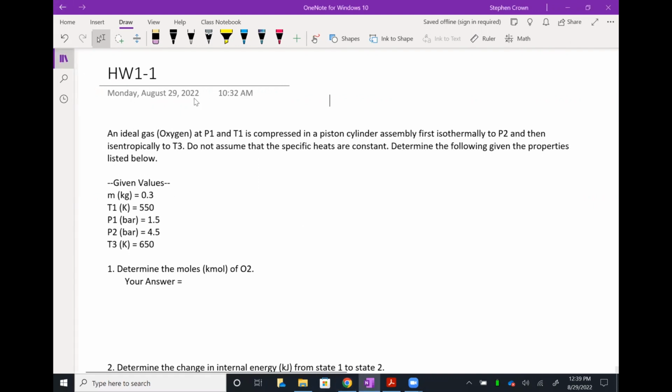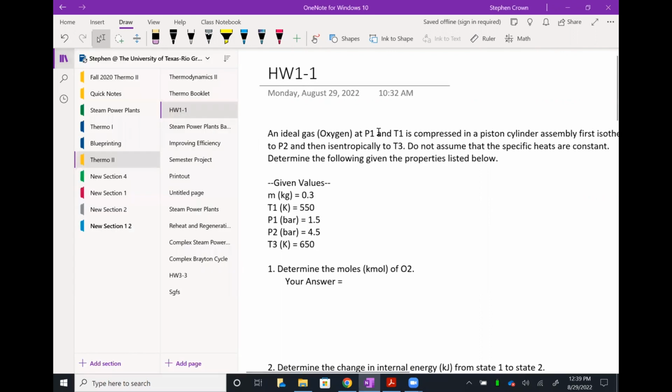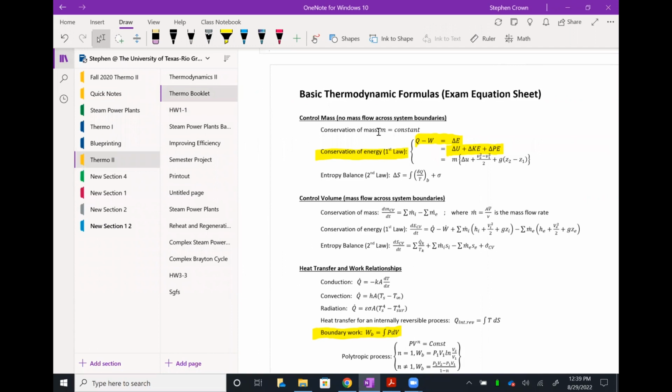You probably want to print this out and make sure you're familiar with everything on the sheet, because this is what I expect you to know from Thermal 1 and be familiar with all these equations, if not have them memorized.